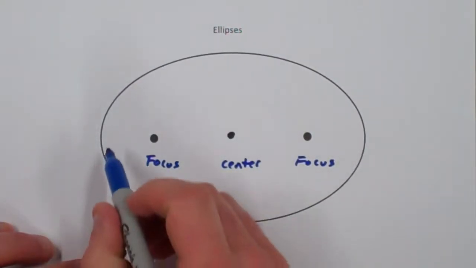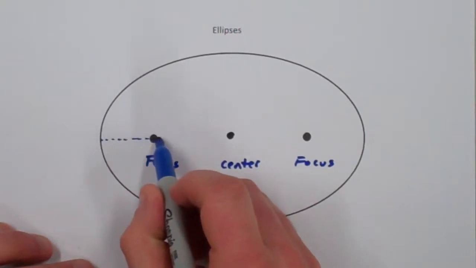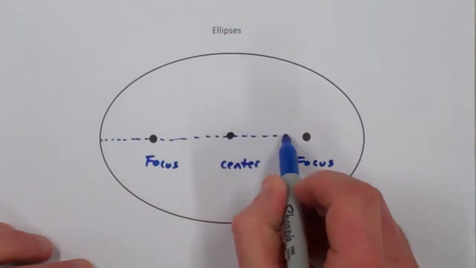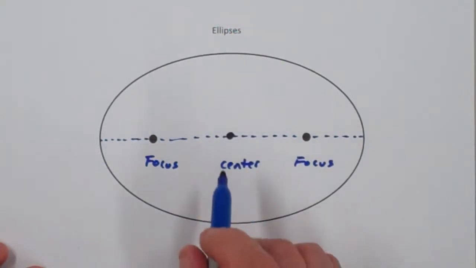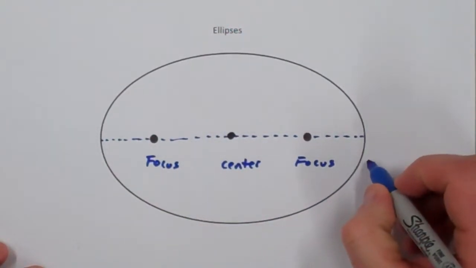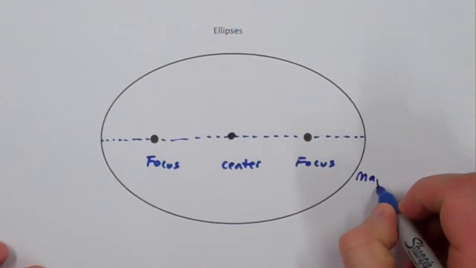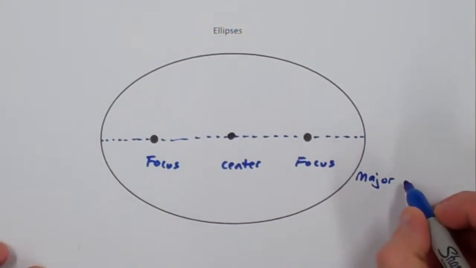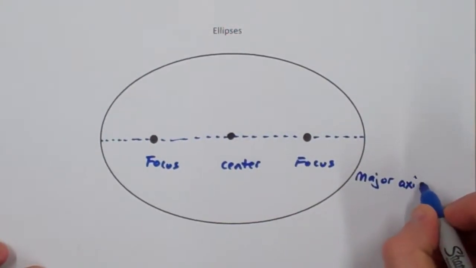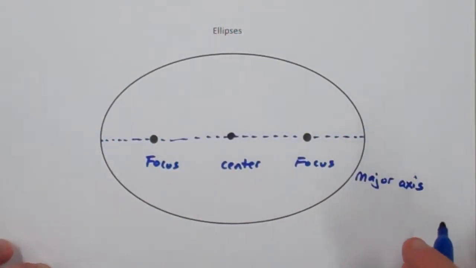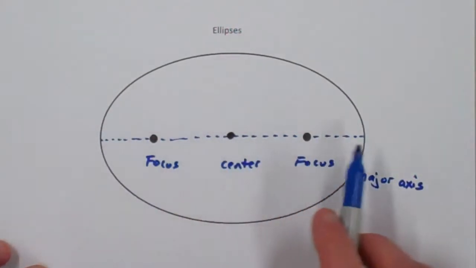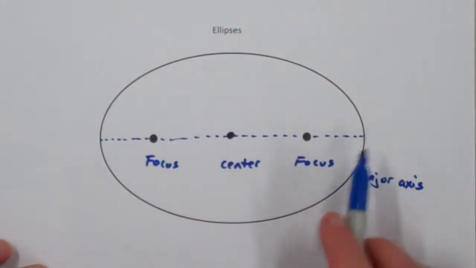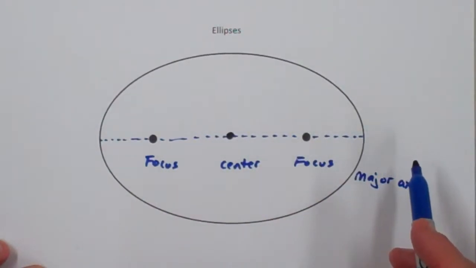There is a line that goes right through the foci and then the center. And that line is going to be called the major axis. So we'll write that over here on the side. The major axis runs the entire width of the ellipse, and it's the longest distance that you see between 2 points on the ellipse.